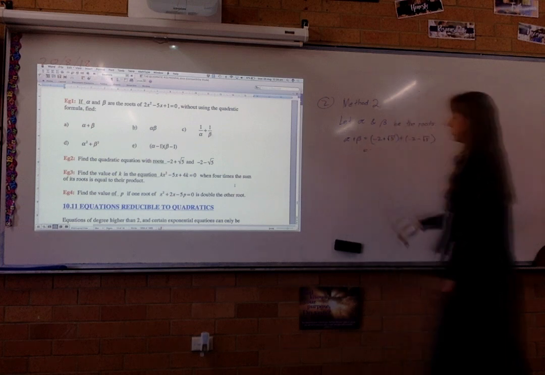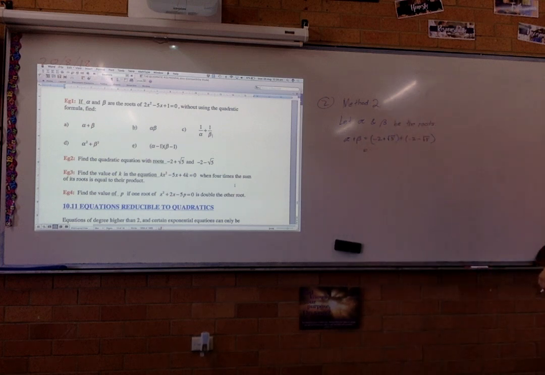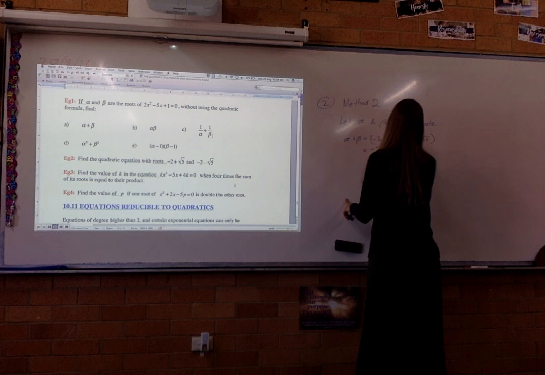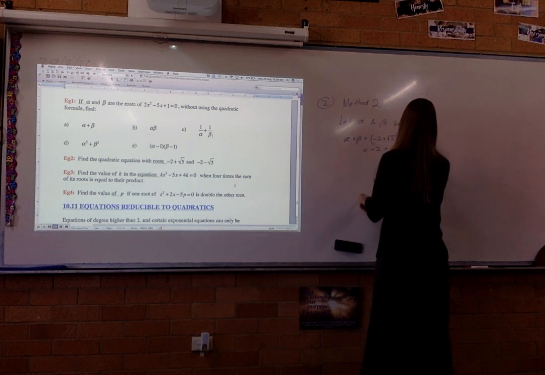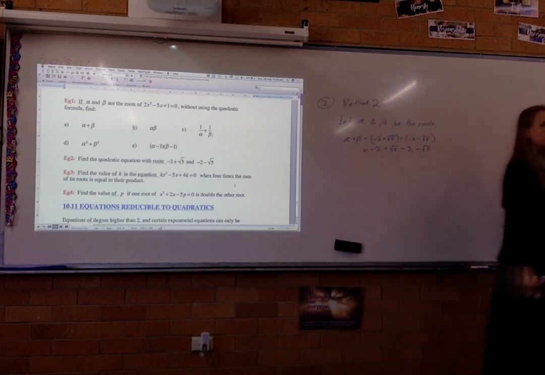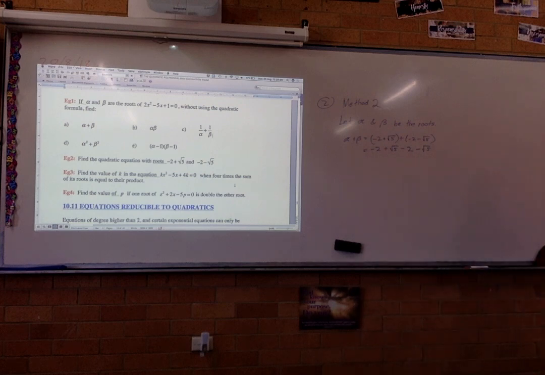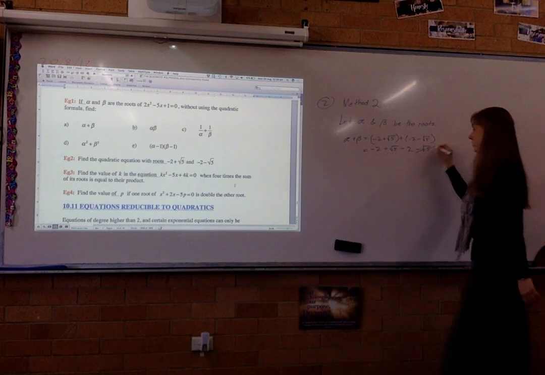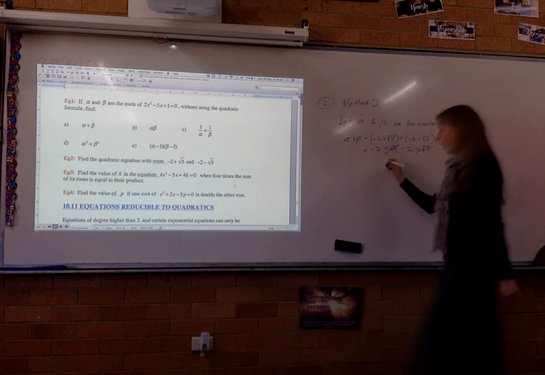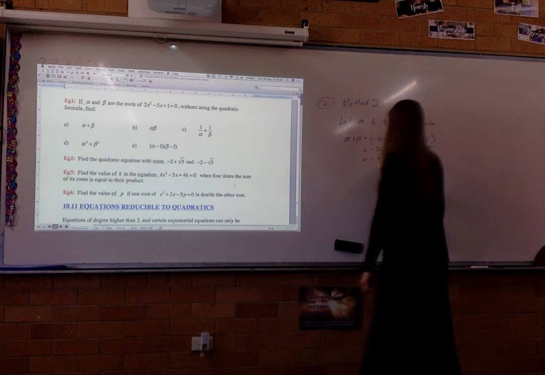So I now have negative 2 plus root 5 minus 2 minus root 5. Can I cross anything out? Root 5's gone. Can I collect any terms? Minus 2. So I now have minus 4.